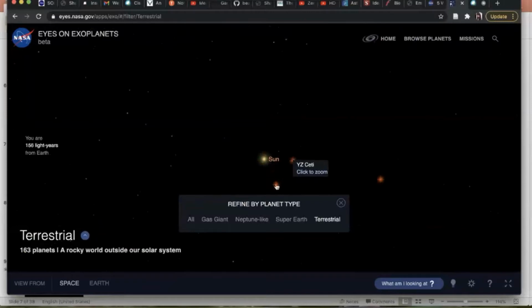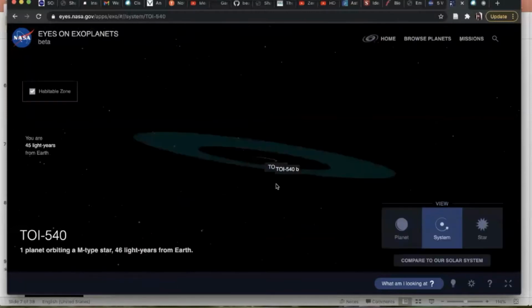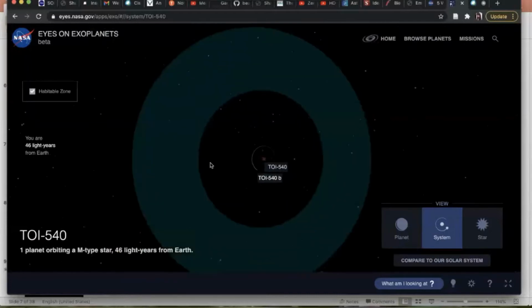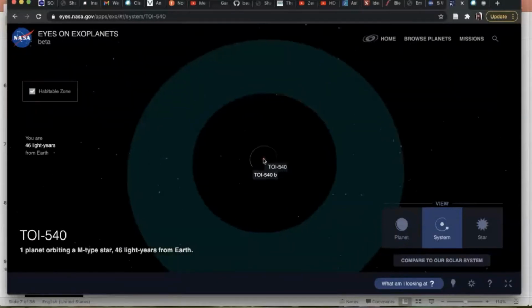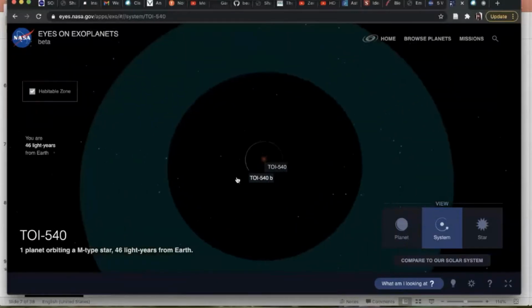You can visit any star, click on it, and it will take you to that planetary system. You can see the star in the middle, and a planet. A planet's name is basically the star name plus the character b. So it starts from b, not from a. So b, c, d, e. That's how we name planets.